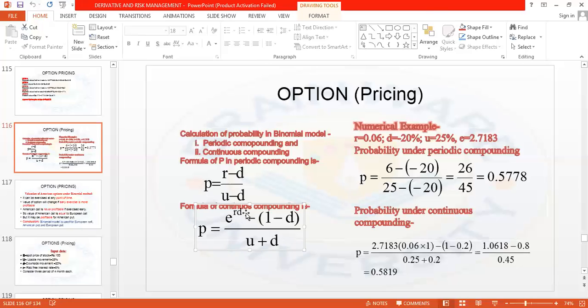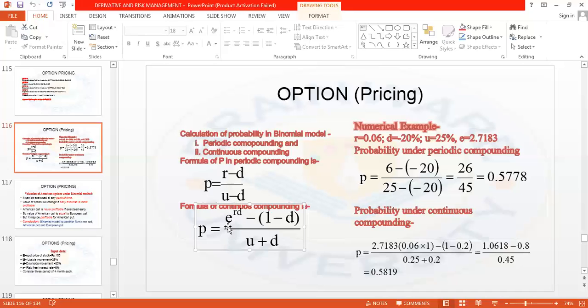It is a typing error. That means our formula of continuously compounding P will be e to the power RT, which is nothing but continuously compounded risk-free rate. Previously, we were using only risk-free rate, but this formula will give us more accurate result than the previous one. So at present, whatever we are calculating in practical field, we are applying this continuously compounded rate.